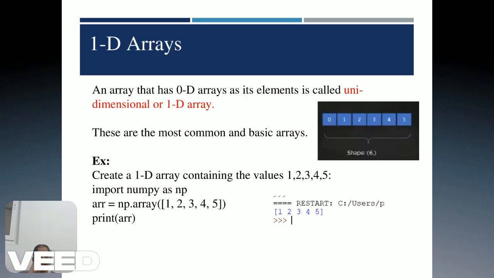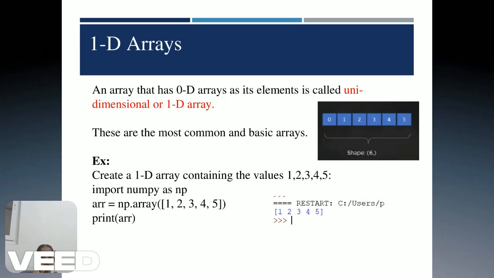What is a 1D array? An array that has 0D arrays as its elements. We call it a one-dimensional array. These are the most common basic arrays, in a single dimension. We have arr equals np.array([1, 2, 3, 4, 5]).